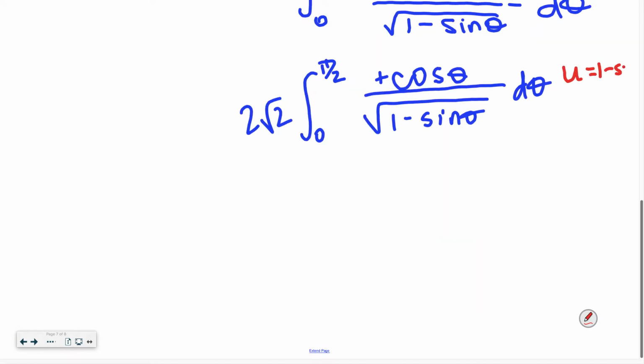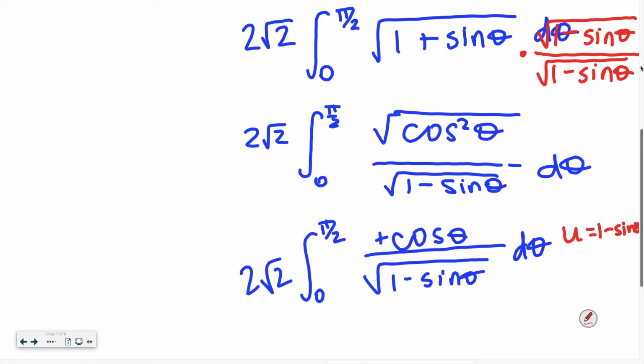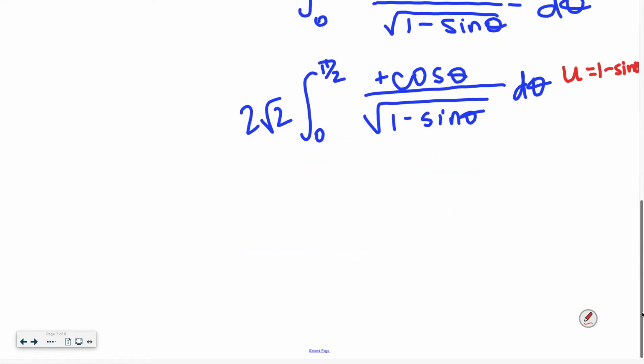U could be 1 minus sine of theta, which makes du negative cosine theta d theta. So now it's negative 2 radical 2 u to the negative 1/2 du.